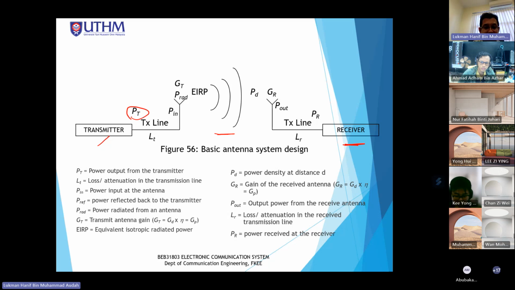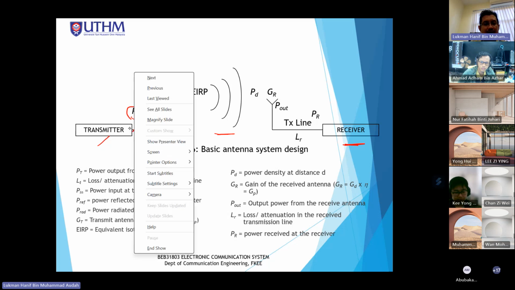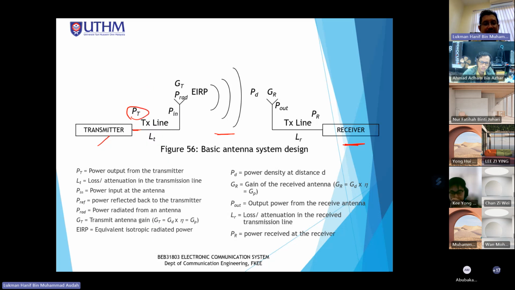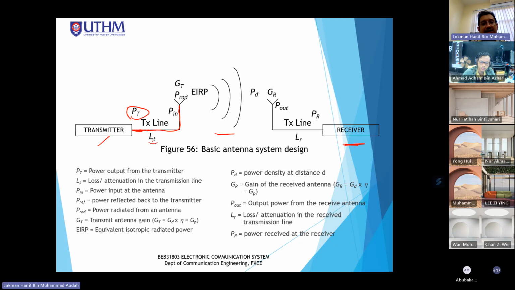This power is put into the transmission line, a cable that connects the transmitter and the antenna. This cable or wire has a loss, which is LT. The loss is in terms of attenuation: when the wave travels into the line, it is going to be attenuated.